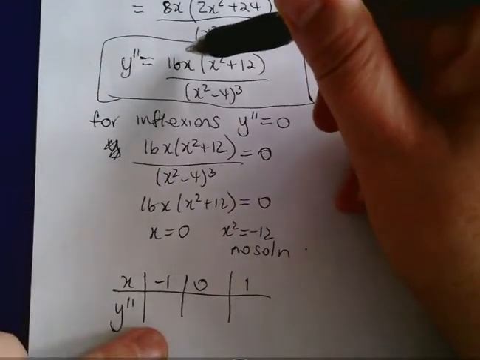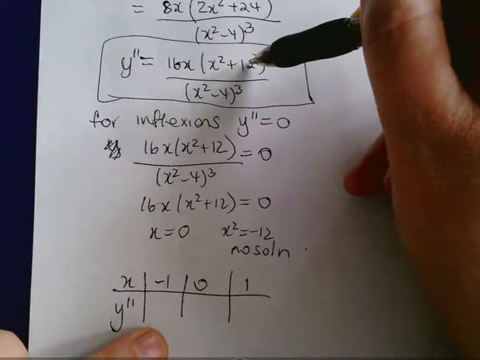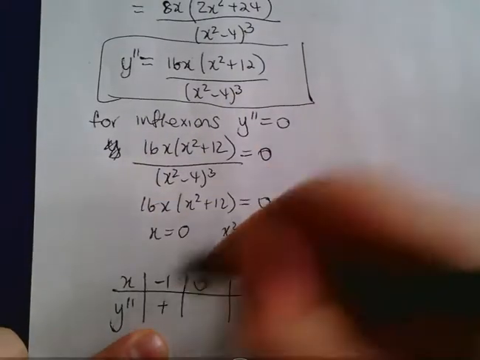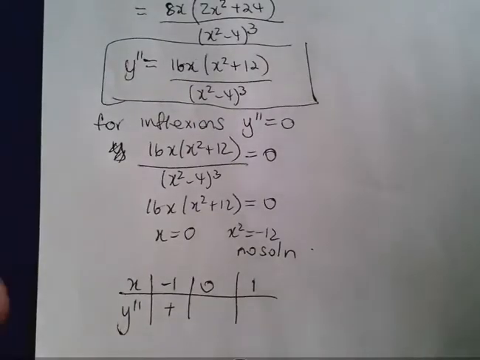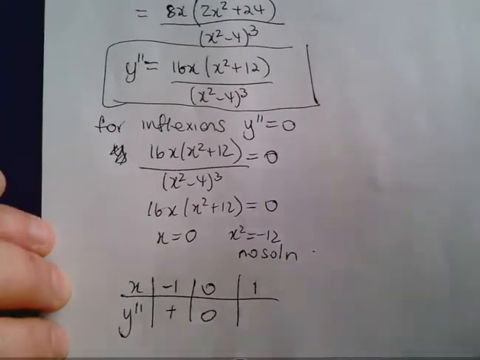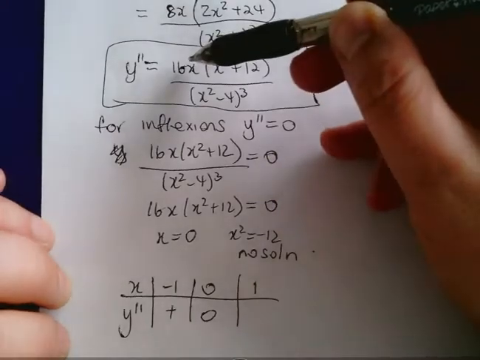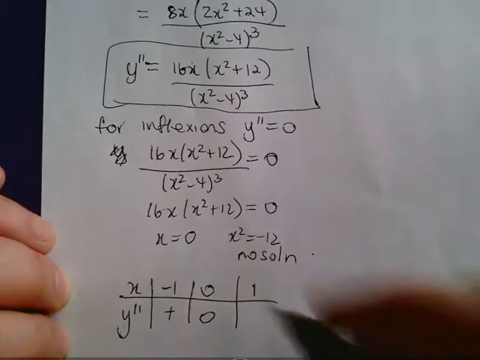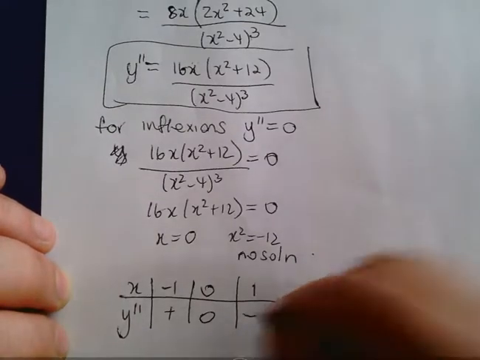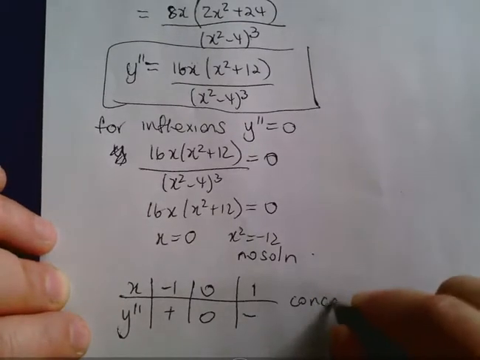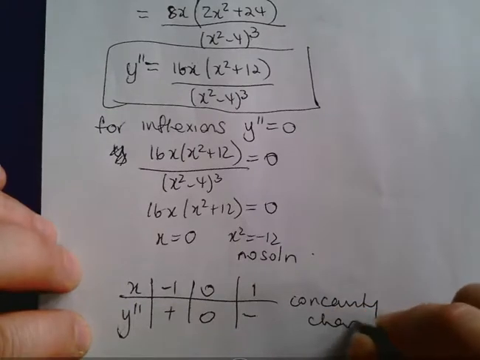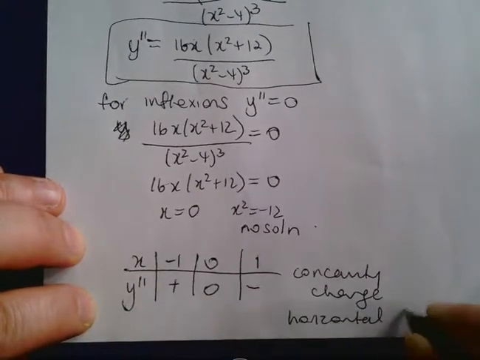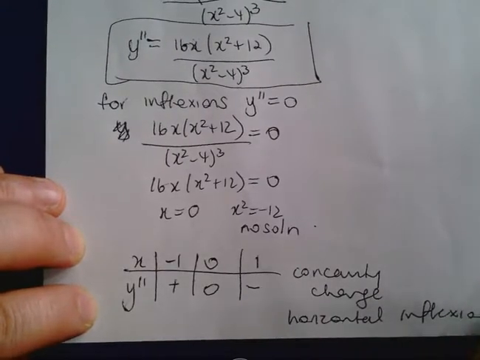That would be positive, and that would be negative. If you substitute x is 1, you get positive, positive, 1 minus 4, negative 3 cubed, negative. We already saw that before. Concavity change. Therefore, we know we've got the horizontal inflection.